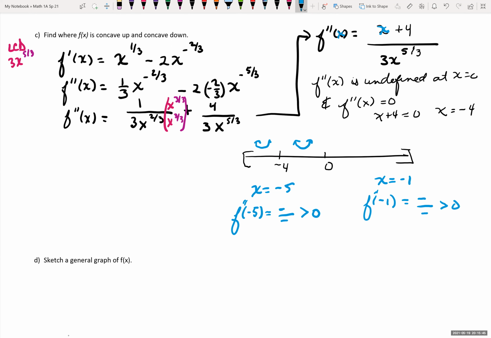And then to the right of x equals 0, so 1. Plugging in +1, we get 1 plus 4 is positive over positive, which is positive.